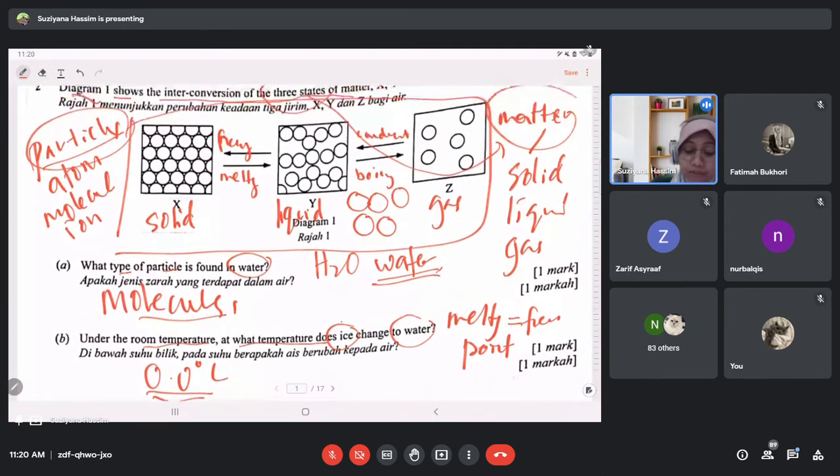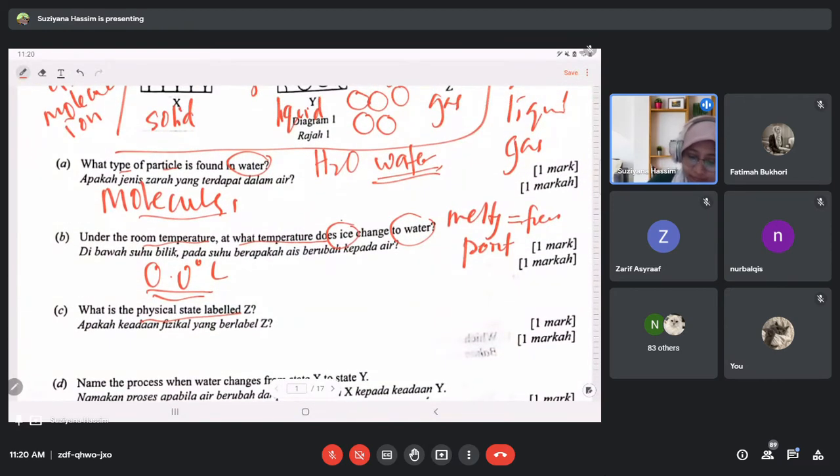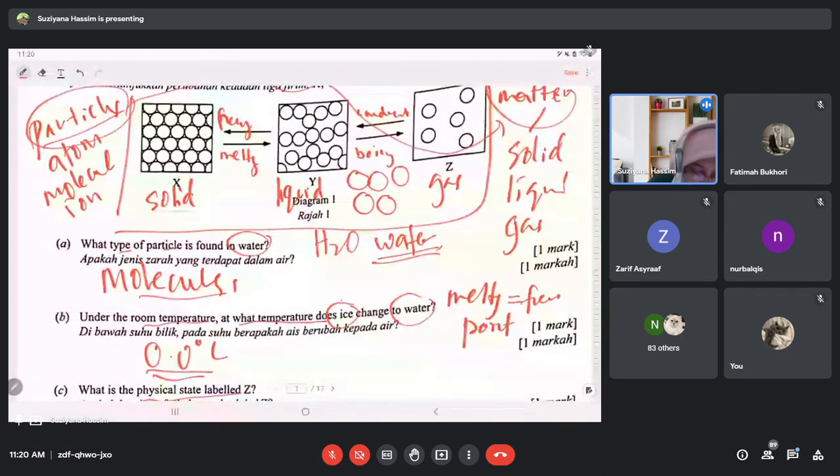That's why I taught you before, right? At the beginning I said what? X, Y, Z. You have to write straight away solid, liquid, gas. It's very simple. It's a gas. Rather than you read the question and try to get the answer, make it clear here first. Okay, next.